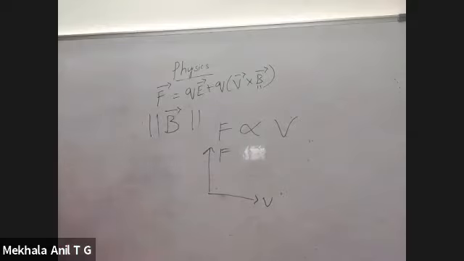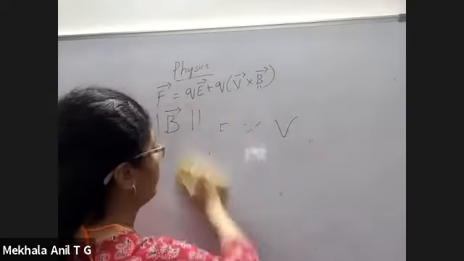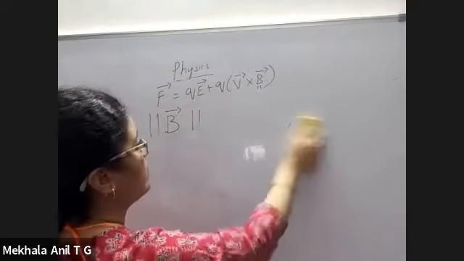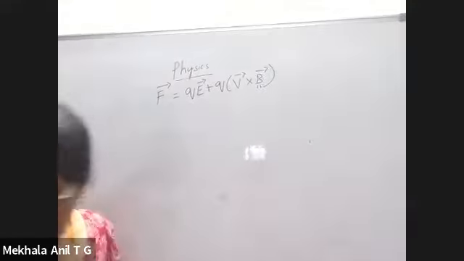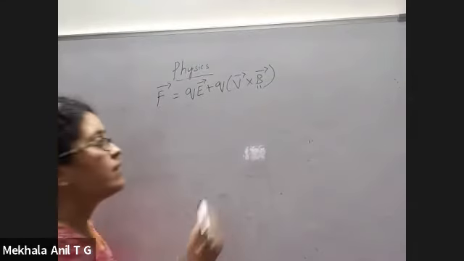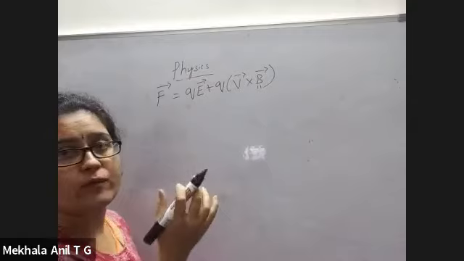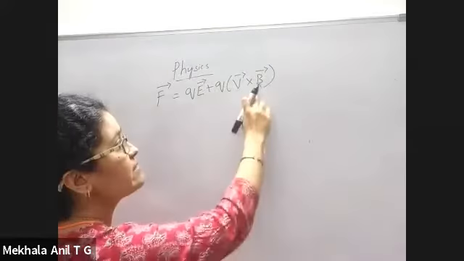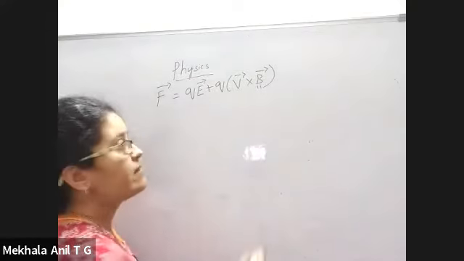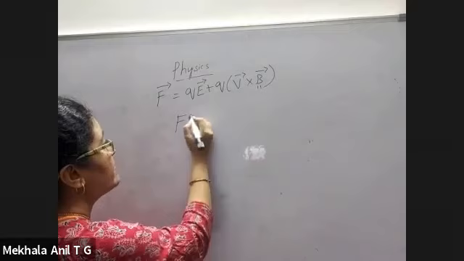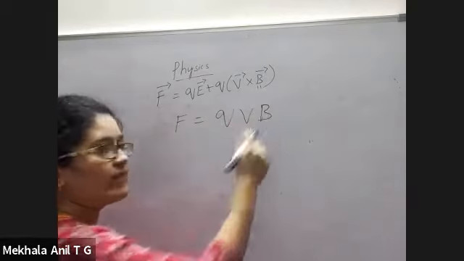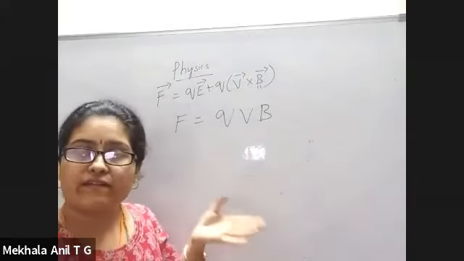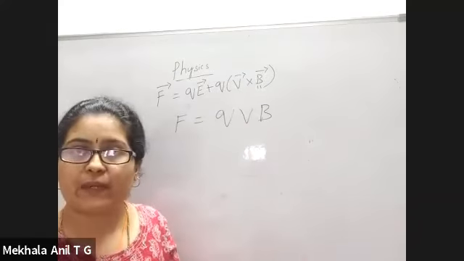Next, let us see what the unit of this magnetic field induction will be. We shall take F equal to QVB, where we have assumed that V and B are exactly perpendicular.